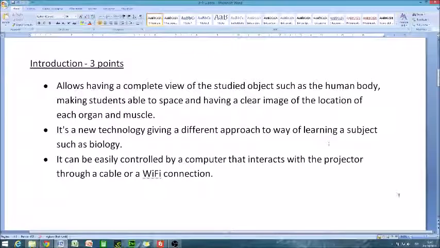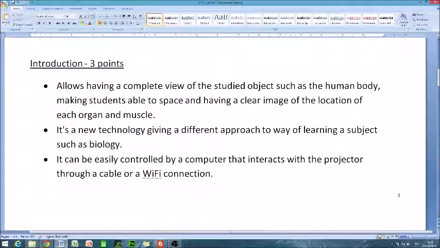So the introduction will be our first paragraph where we will add some information to the text and we will introduce the issue. It will consist mainly of 3 points as we planned. So my first point will be that 3D projectors allow us to have a complete view of the studied object, in particular in the biology field, where we can have a clear picture of the location of each organ and muscle thanks to the 3D technology.